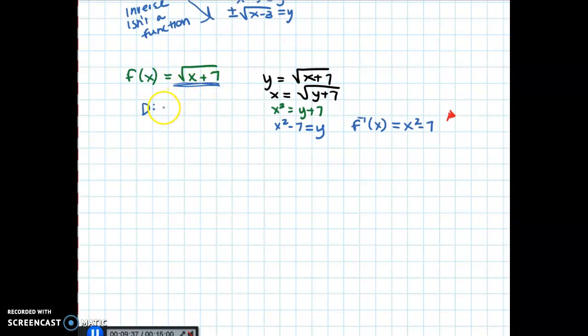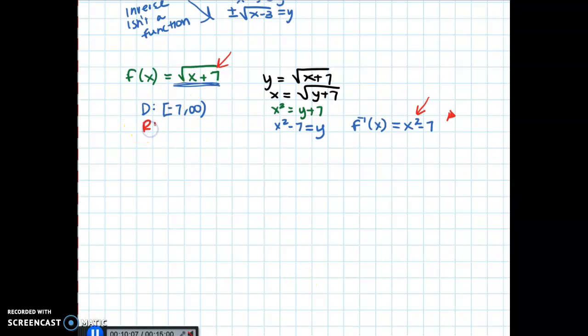So this would be all numbers greater than or equal to negative 7. Since my original domain was rather restricted, I have to restrict this new function as well in order to make sure that this inverse function doesn't have more values than this original function.